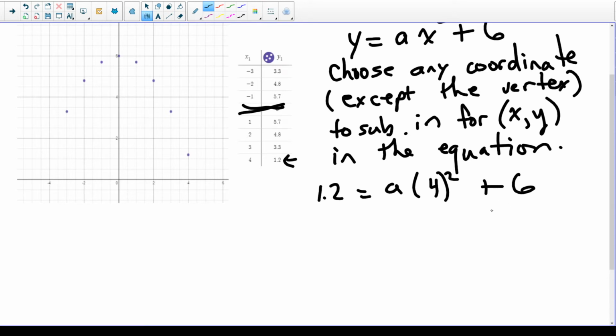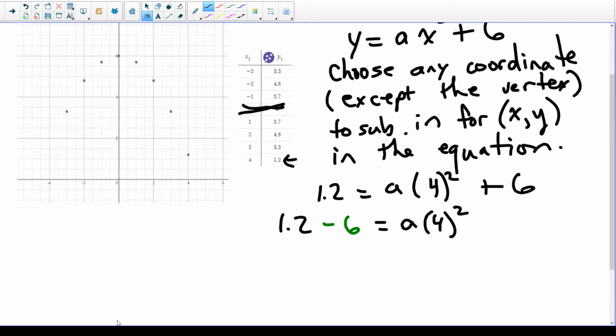So this is a plus 6. We want to move it over to this side of the equal sign. So that means we're going to subtract 6 on both sides. I'll write out all the steps so you can see them here. And when you subtract 6 on this side, where the a is, then that just disappears, right? So it looks like we moved the 6 over to this side and subtracted 6.